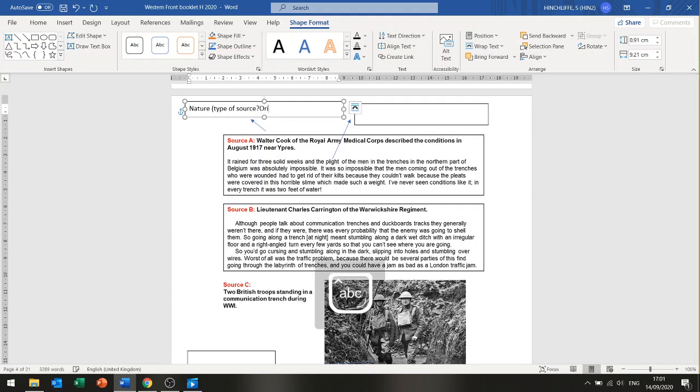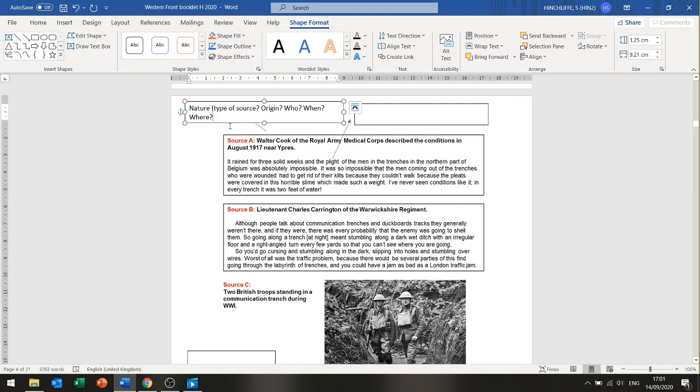What's the origin? Who wrote it? When did they write it? Where did they write it? We know that this is Walter Cook. He's serving in the Royal Army Medical Corps, and he was serving near Ypres in August 1917.